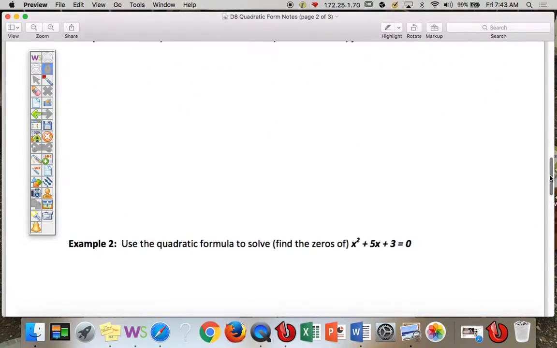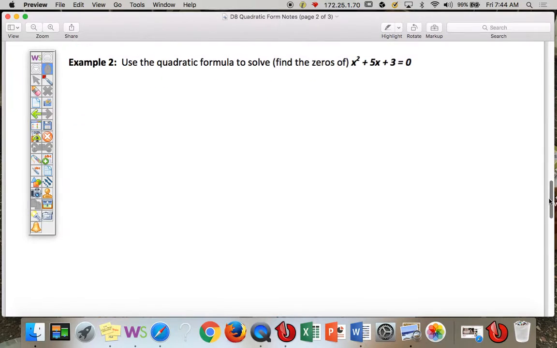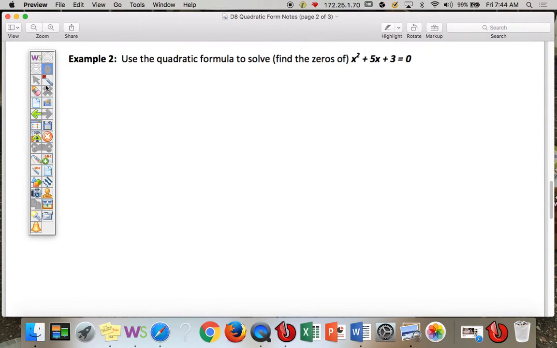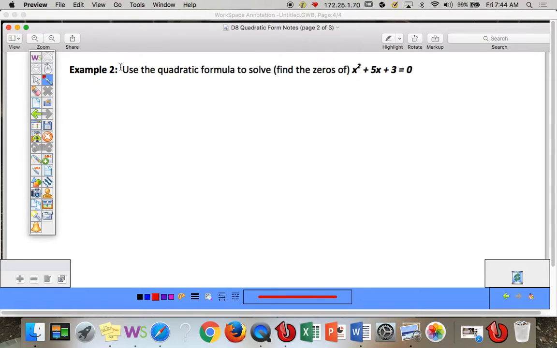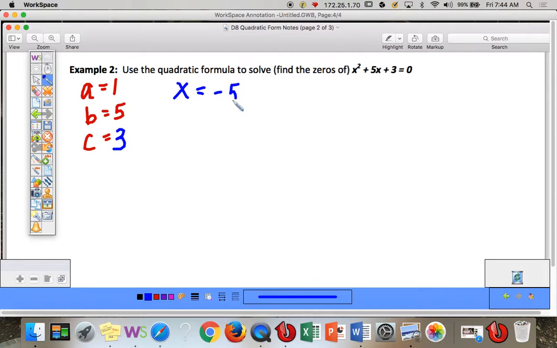All right, let's try the next one. Use the quadratic formula to find the zeros of this quadratic. All right, so first up, identify A, B, and C. A is 1, B is 5, C is 3. Plug into your formula. I forgot my 3 here. X equals the opposite of B, so negative 5 again, plus or minus the square root of B squared.